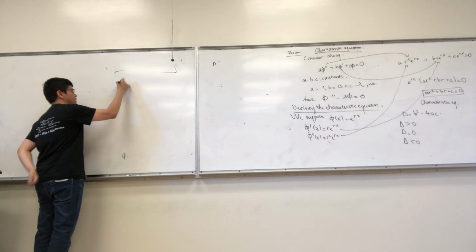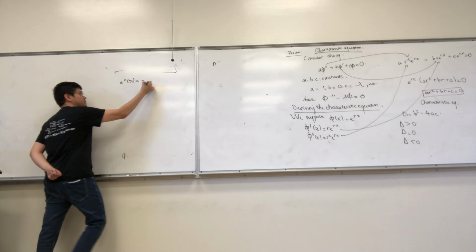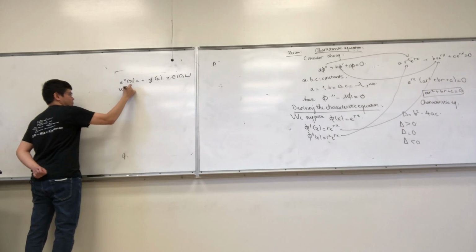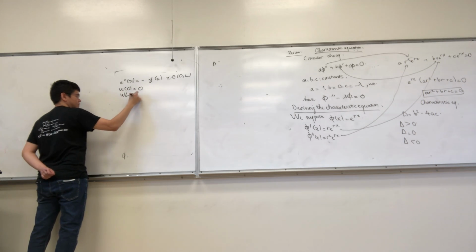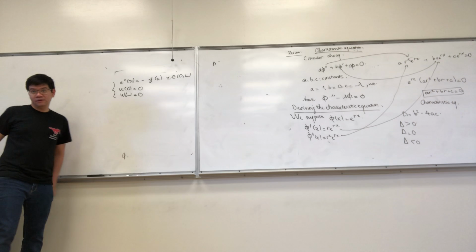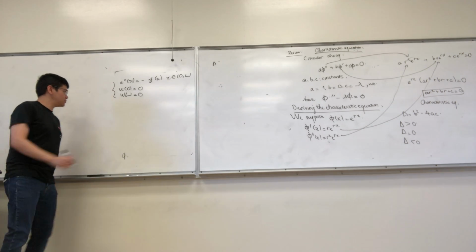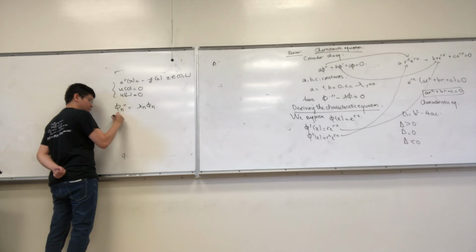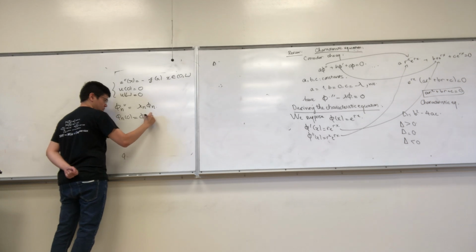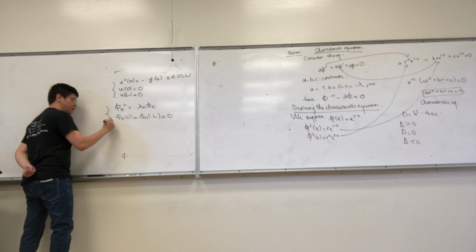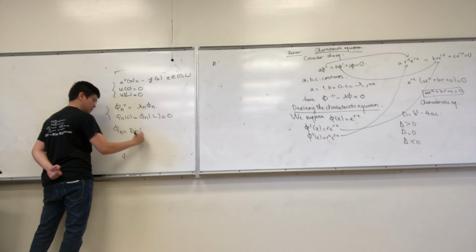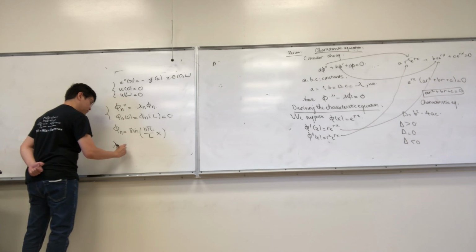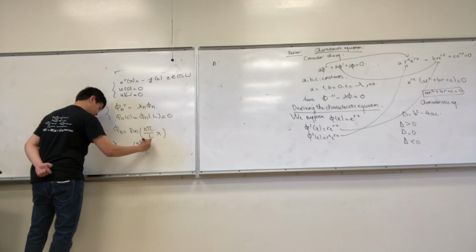So you have u second of x is minus f of x for x from 0 to L. U at 0 is 0. U at L is also 0. So you know from the previous computation you have phi n second is lambda n phi n, with phi n at 0 and at L equal to 0, and this eigenvalue problem has the following solution. This is sine of n pi over L x, and lambda n will be minus n pi over L squared.